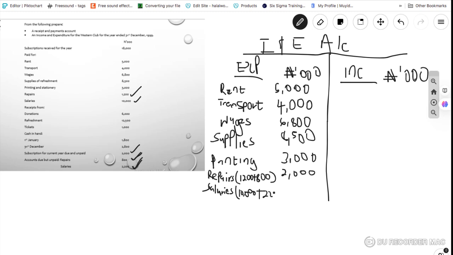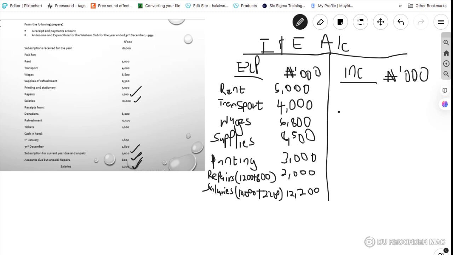This will give us 12,200,000. Let me just adjust this, move this backward a bit.